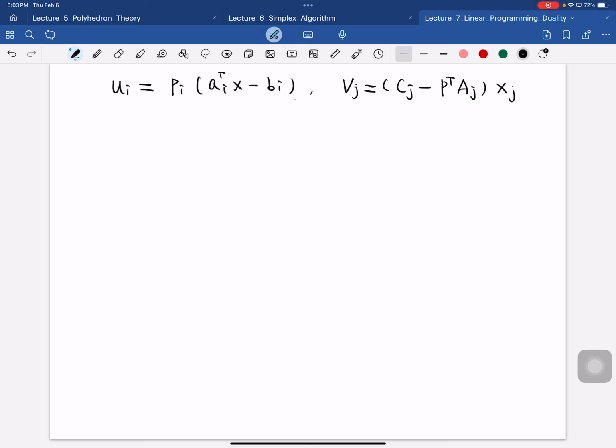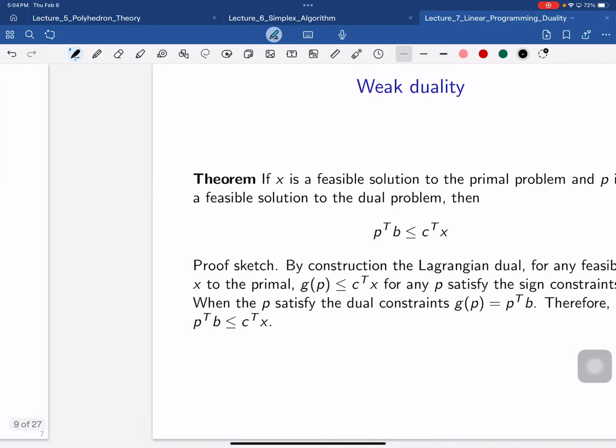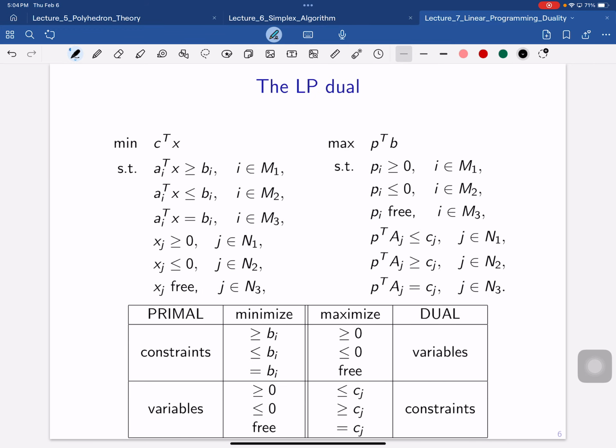So by construction, we know that all the u_i's are greater than or equal to 0, and all the v_j's are greater than or equal to 0. This is by construction because, if you go back to the slides, the way we pick the signs of the p variable is that it is the same sign as the primal constraint.